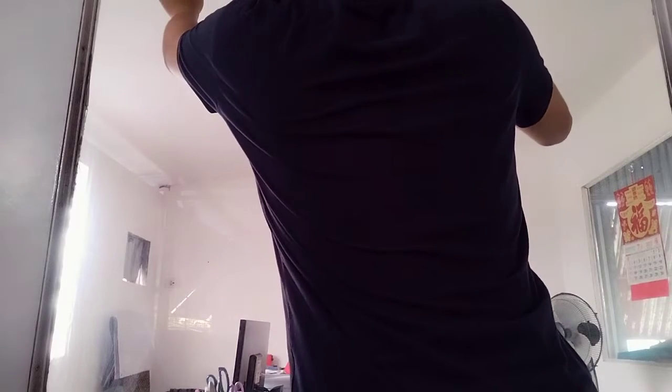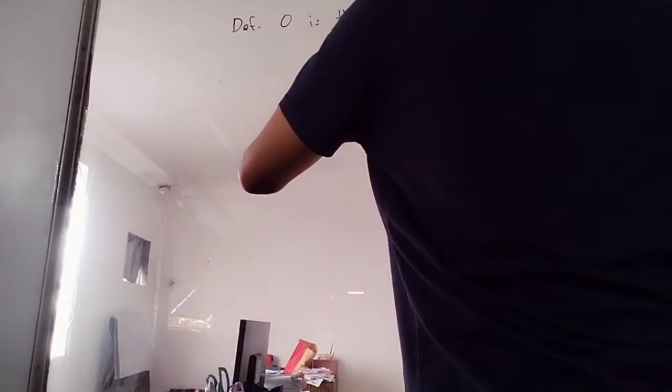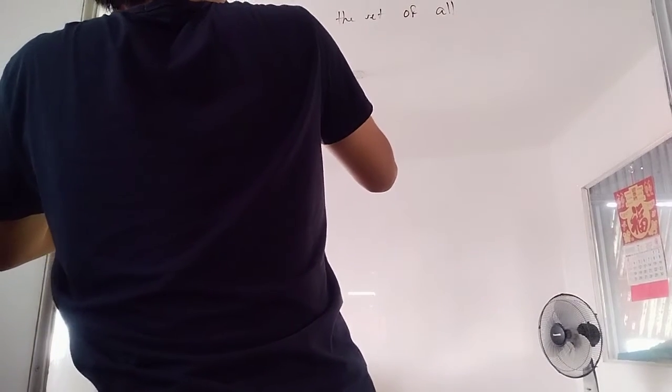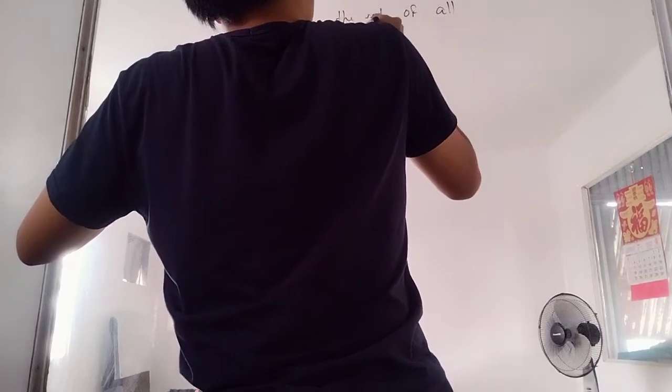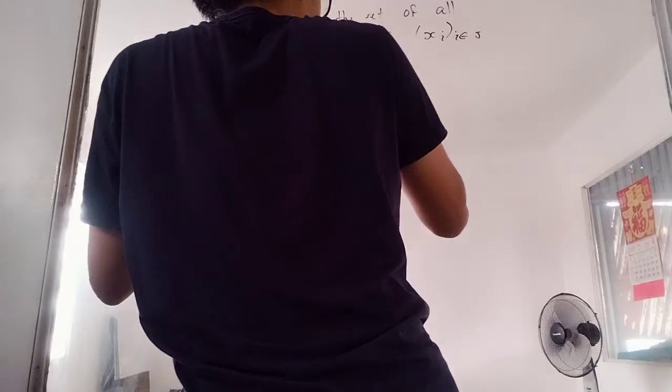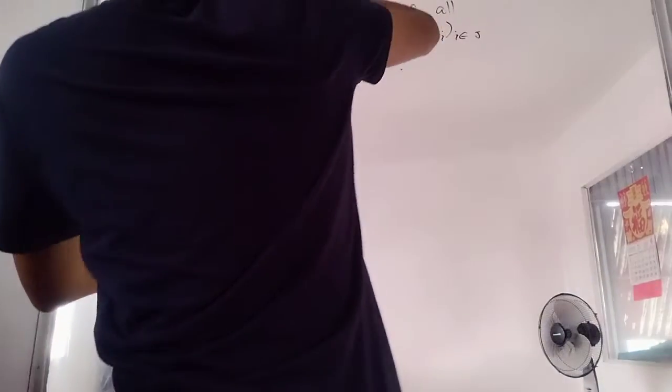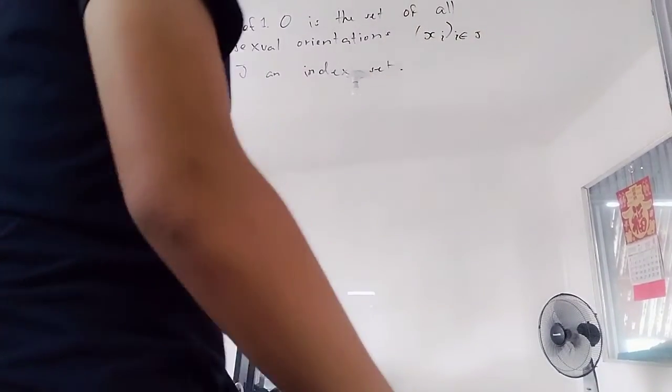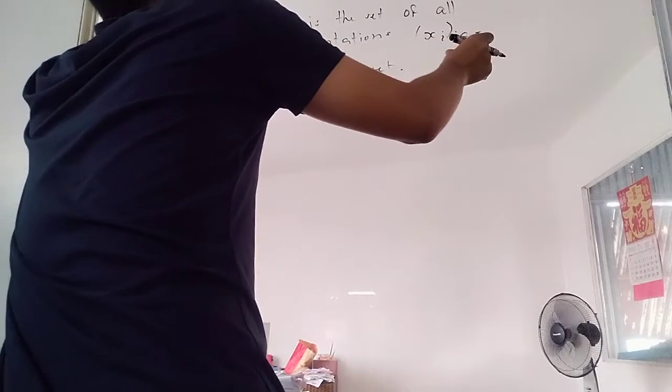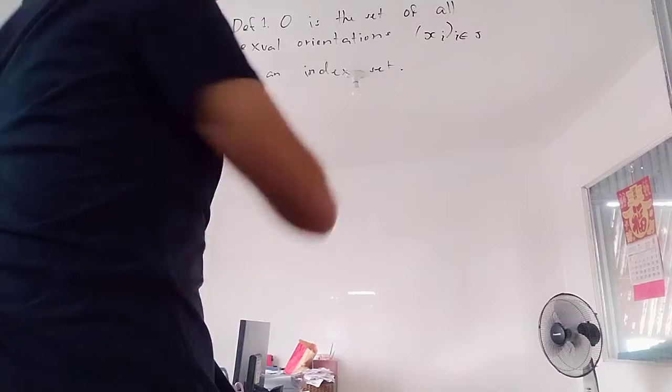O is the set of all sexual orientations, which I will denote X sub I, in J in an index set.